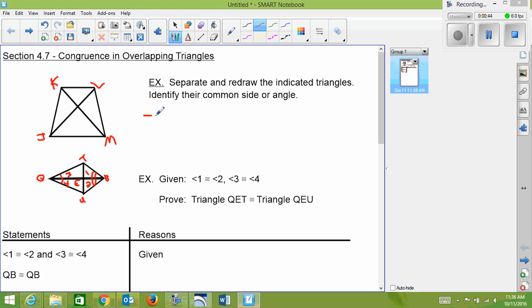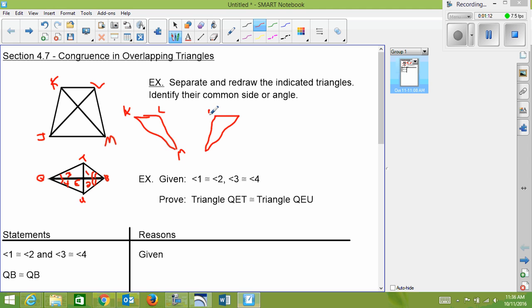So take K, like I said, this isn't going to look awesome. Do your best. So there is K, L, M, and then obviously when you're doing it, it should look pretty much the same.